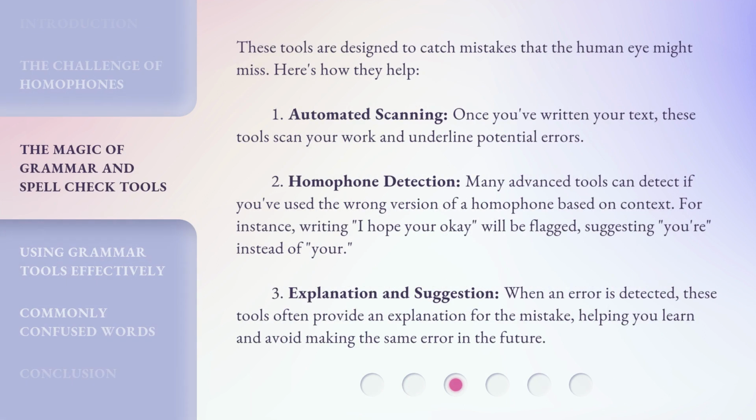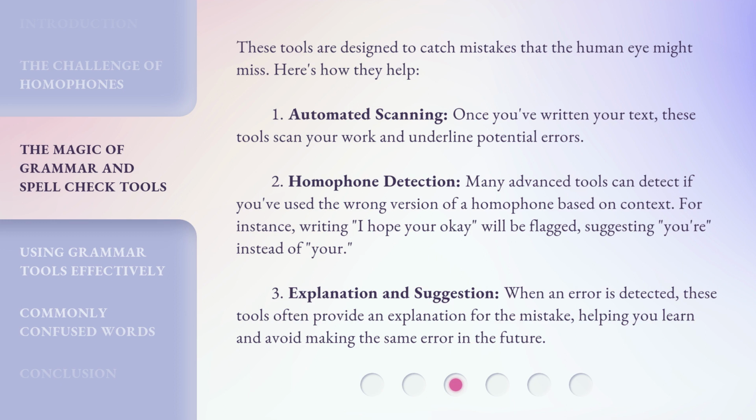These tools are designed to catch mistakes that the human eye might miss. Here's how they help. 1. Automated scanning. Once you've written your text, these tools scan your work and underline potential errors. 2. Homophone detection. Many advanced tools can detect if you've used the wrong version of a homophone based on context.